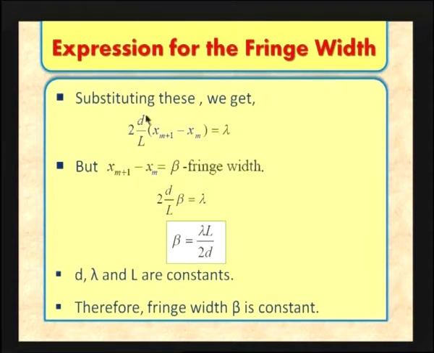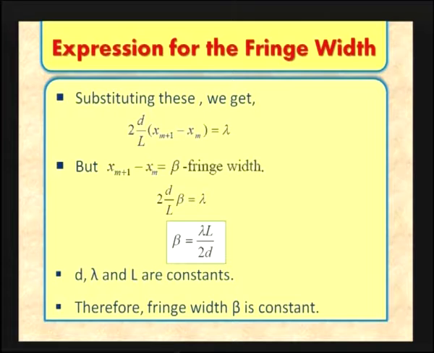I think it is obvious, 2 d by L into beta, the bandwidth or the fringe width, will be equal to lambda, or in other words beta will be equal to lambda into L divided by 2 d. So, d, lambda and L are constants. L is the distance that separates one end of the glass plate from the center of the wire, and lambda is the wavelength of the monochromatic beam.